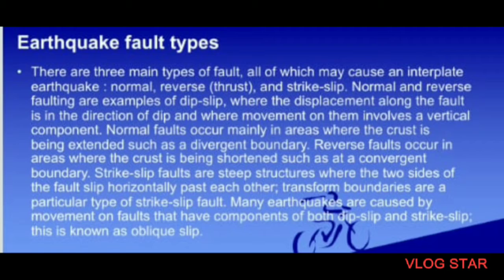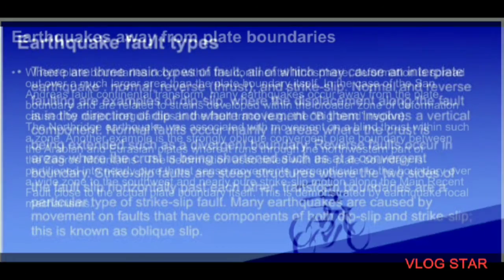Strike slip faults are steep structures where the two sides of the fault slip horizontally past each other. Transform boundaries are a particular type of strike slip fault. Many earthquakes are caused by movement on faults that have components of both dip slip and strike slip. This is known as oblique slip.